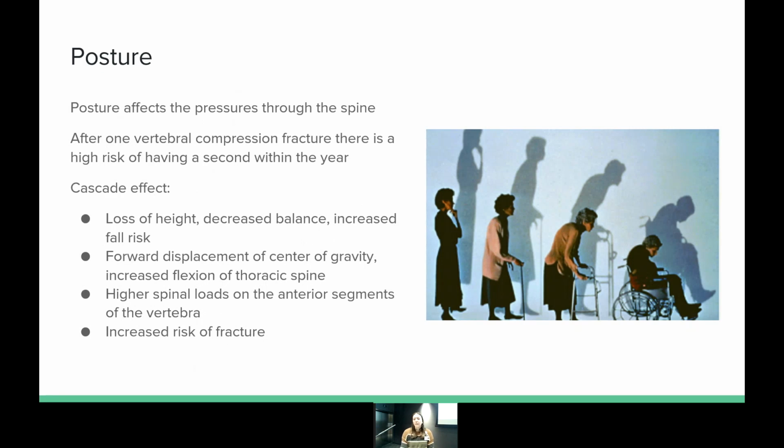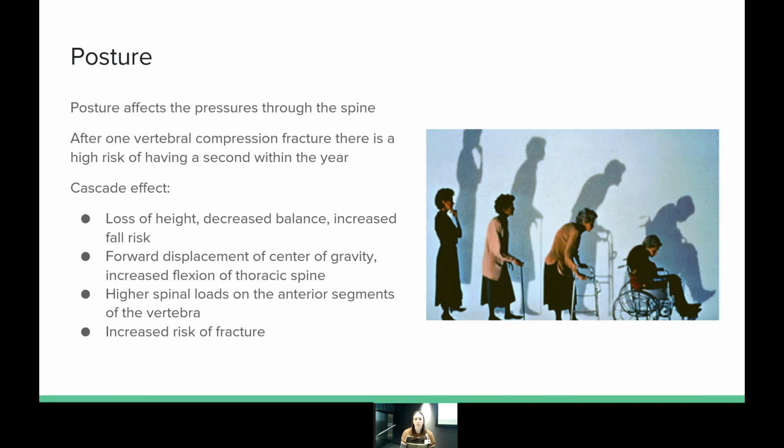Spinal fractures specifically can lead to issues with posture in individuals with osteoporosis. Posture affects all of the pressures through the spine. After one vertebral compression fracture, there is a higher risk of having a second within the year. And there's actually a cascade effect between posture and vertebral compression fractures. A fracture causes loss of height and decreased balance, which increases your fall risk.